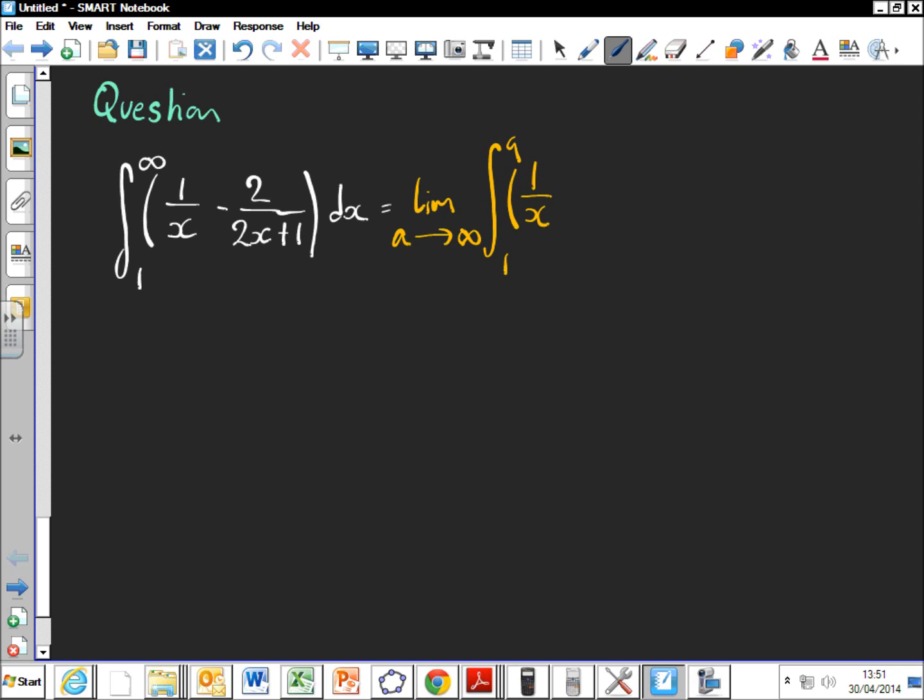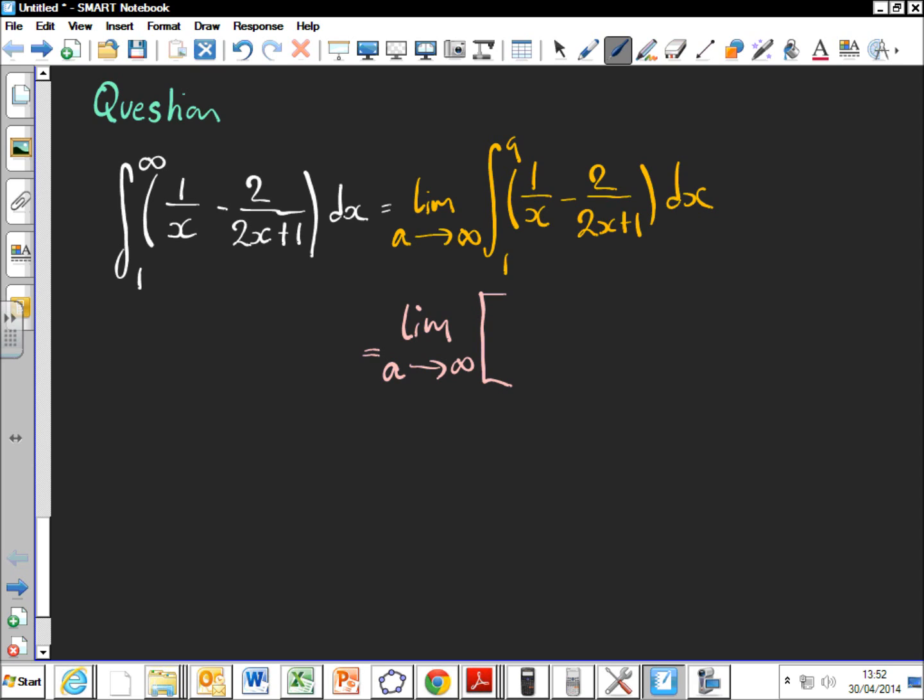Brilliant. It's just all about how you set it out, because the actual integration you're doing is the same as, like I was just saying, a C3 or C4. So we'll keep that limit in front, and we've got to try and integrate this then.